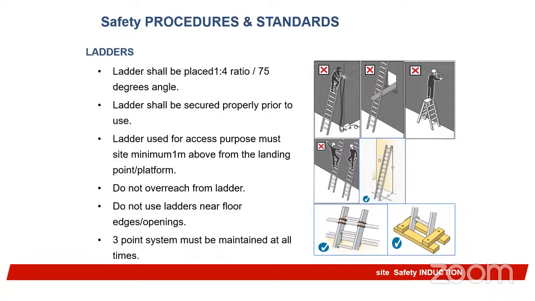Like you should have 3 to 4 rungs. If you're using this ladder as an access to a particular platform, the last rung must not be at the edge of that platform. You should have about 3 rungs above the platform where you are going, so that it will be convenient for that person to move onto that platform.